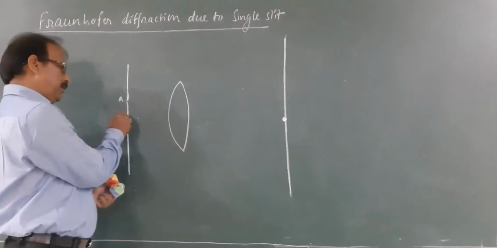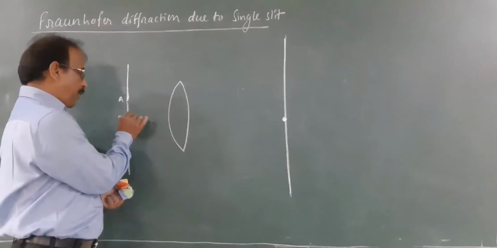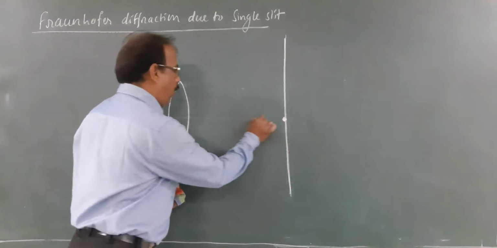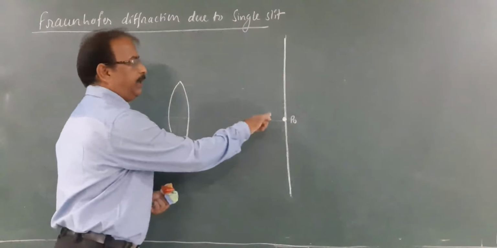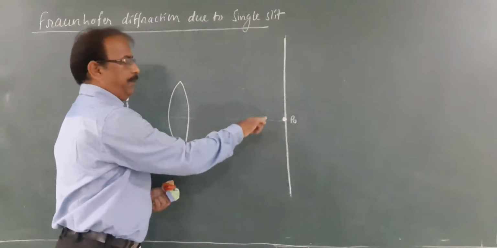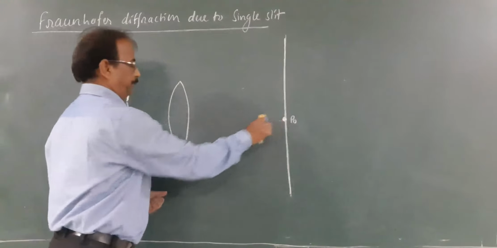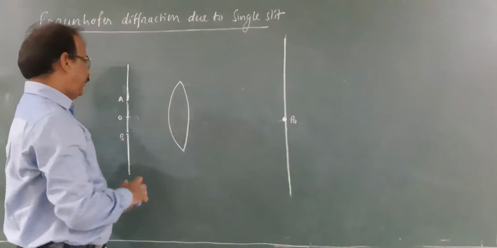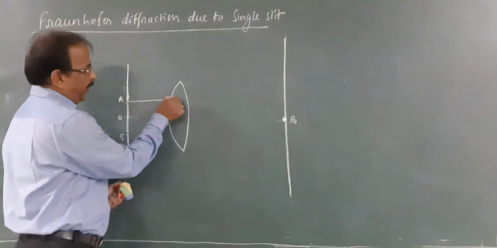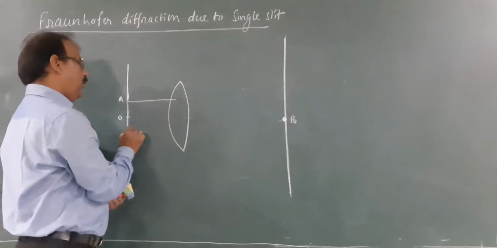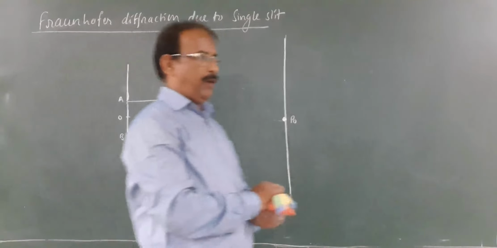Suppose point O represents the center of the slit, then this perpendicular bisector OP0 will represent the center point of the screen. P0 will be the center point of the screen. At this center point, consider the light rays coming from points of this plane wavefront.